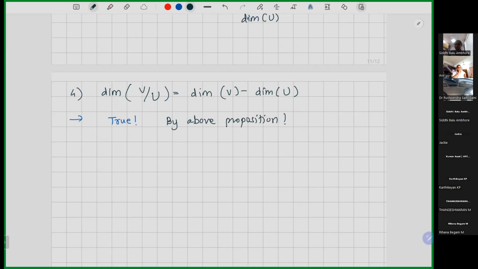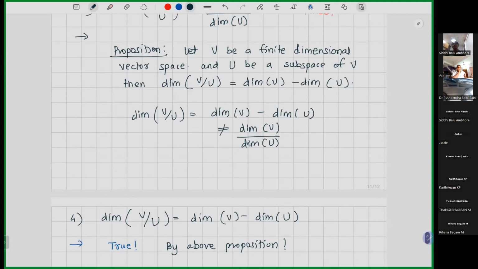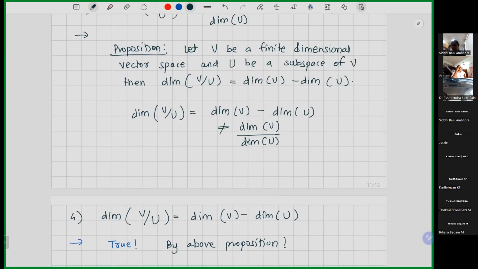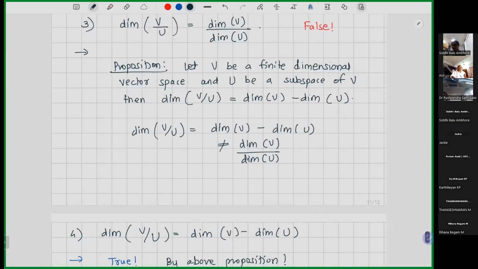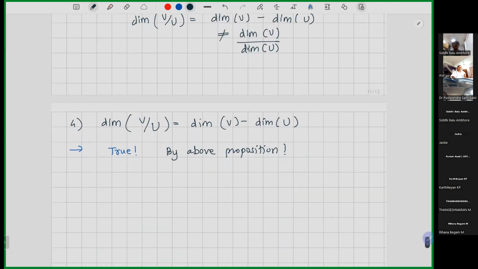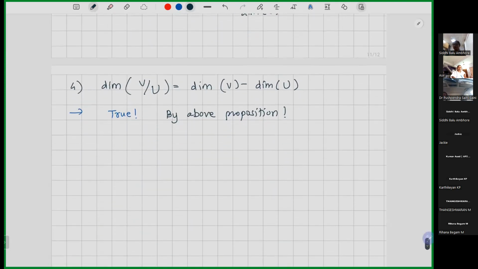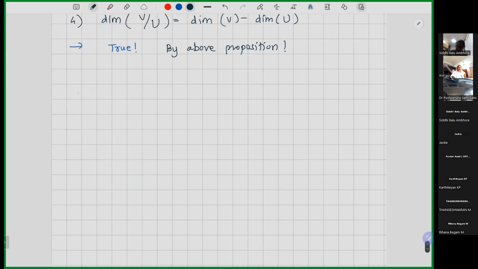Okay, so dimension of V by U is dimension of V minus dimension of U. It's not division of the dimensions. Is it clear? Please go through these theorems and their proofs for better understanding of these propositions.